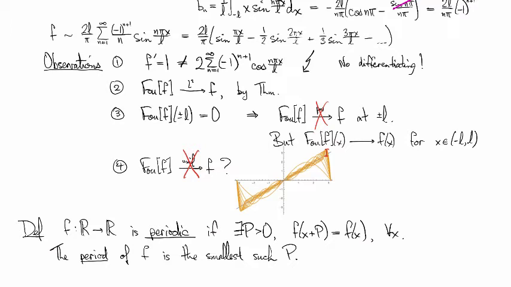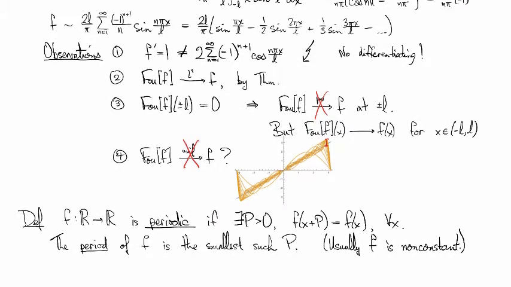And because we want to talk about the smallest such p, we also usually require f to be a non-constant function in order for it to be called periodic. Otherwise, you end up with something that has period 0, which is a little bit weird.